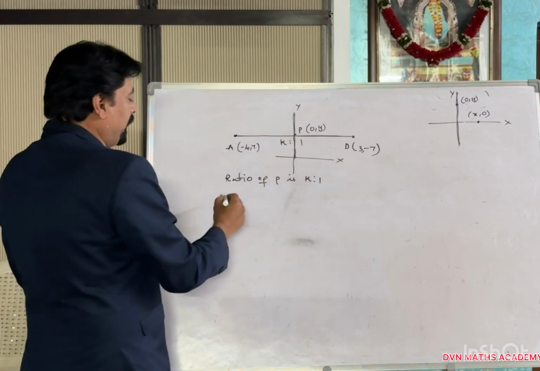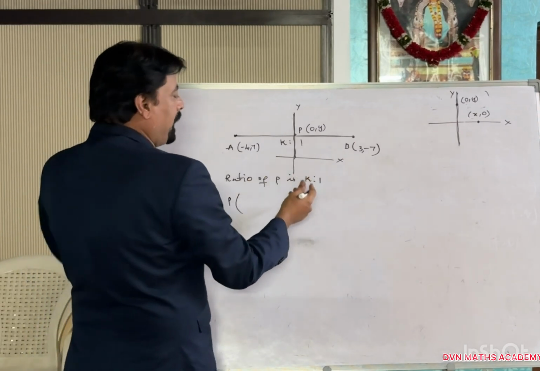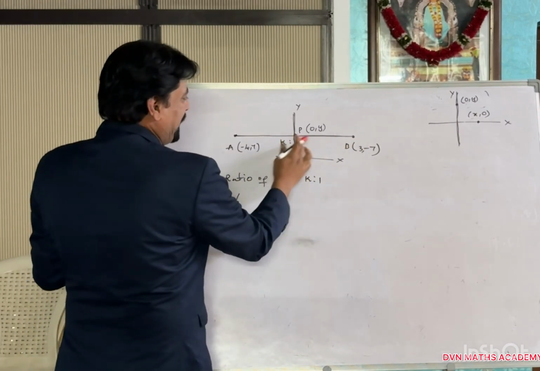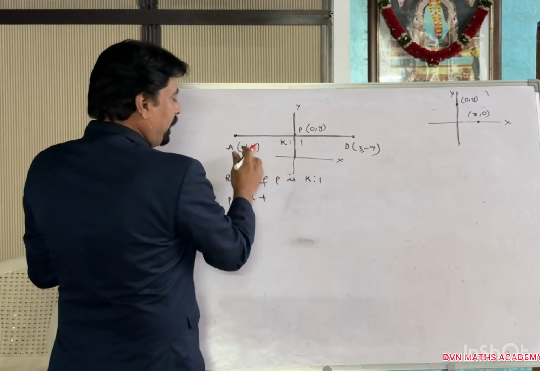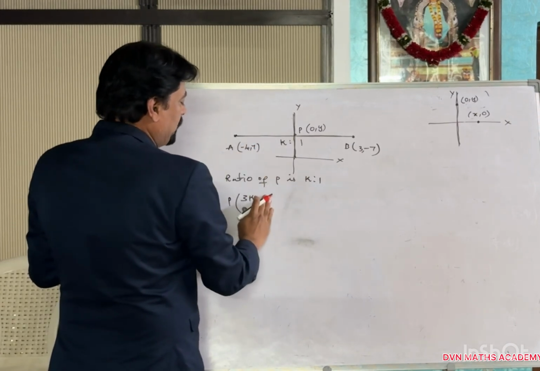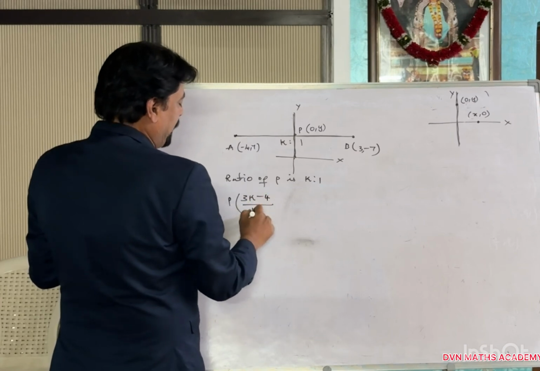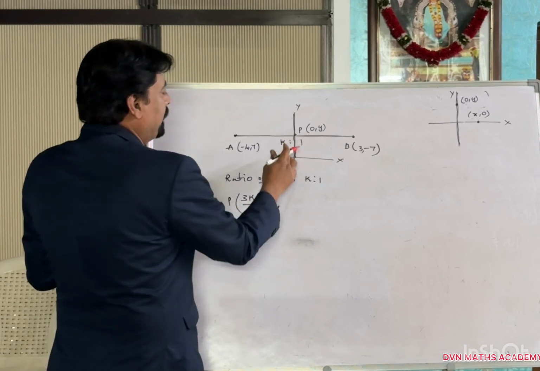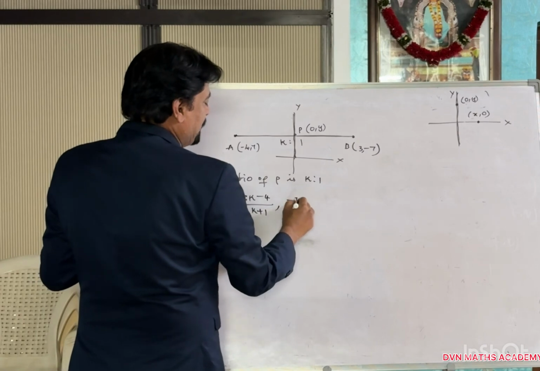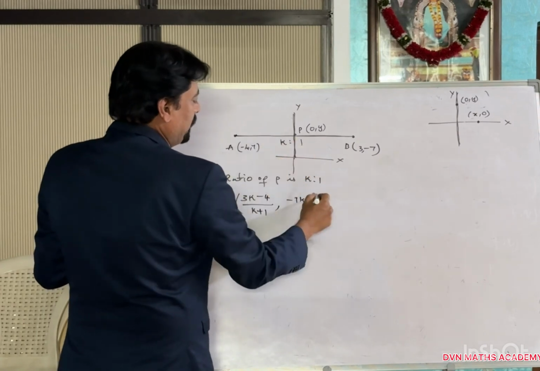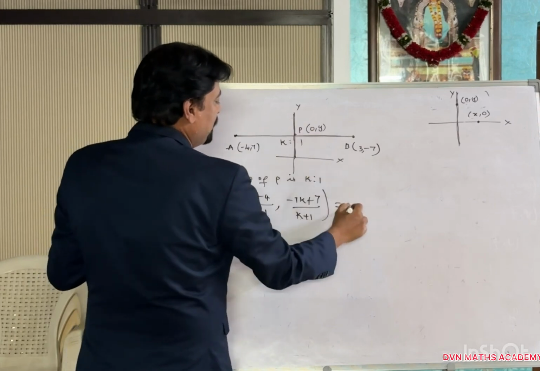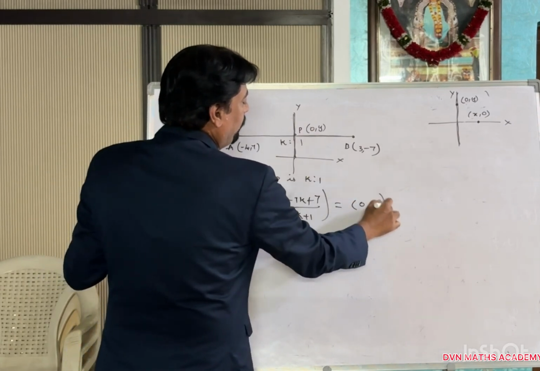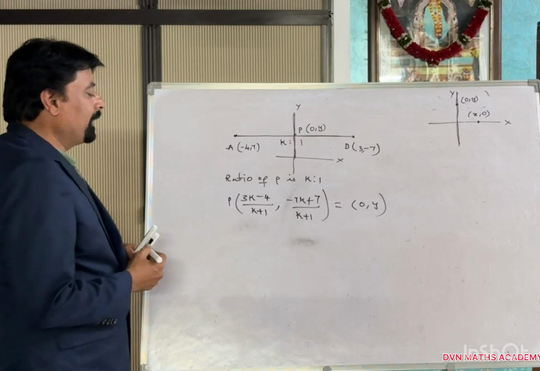Now the coordinates of P according to the formula: m into x2, that is k into 3, 3k, plus n into x1, 1 into minus 4, this will be (3k minus 4) by (k plus 1). Next, m into y2, that is minus 7k, plus 1 into 7, this is (minus 7k plus 7) by (k plus 1). But the point is (0, y).